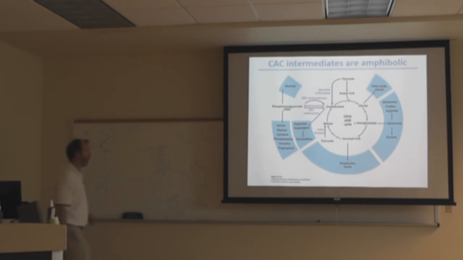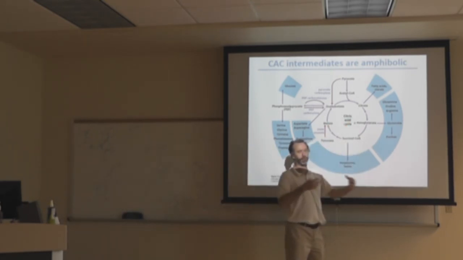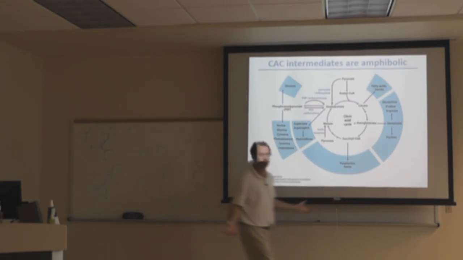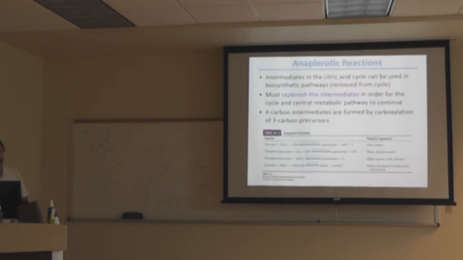A lot of the intermediates in the citric acid cycle are used for a number of purposes in metabolism, as precursors. And then they have these anaplerotic reactions, which are like the filling reactions. So when you run low on the TCA intermediates, these anaplerotic reactions can refill those intermediates.